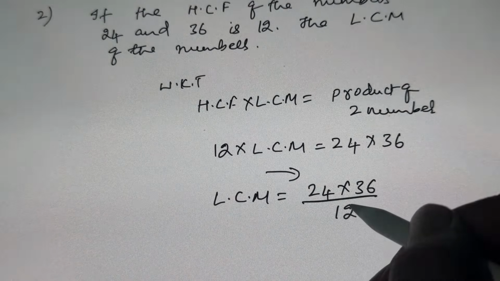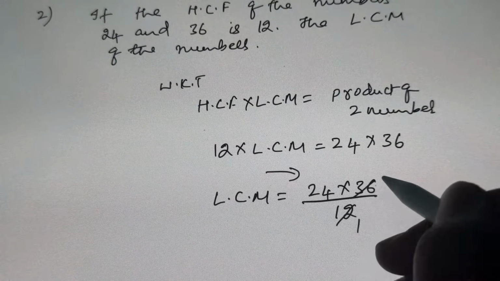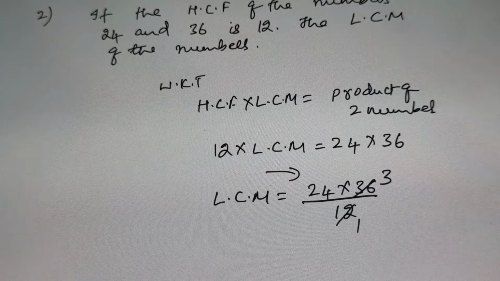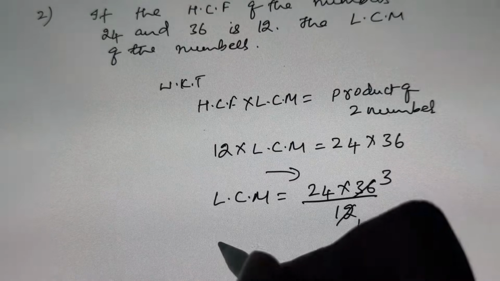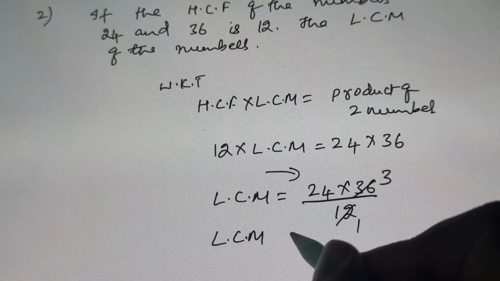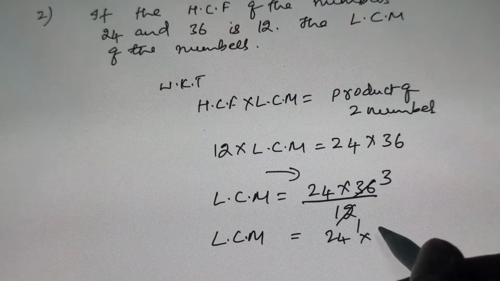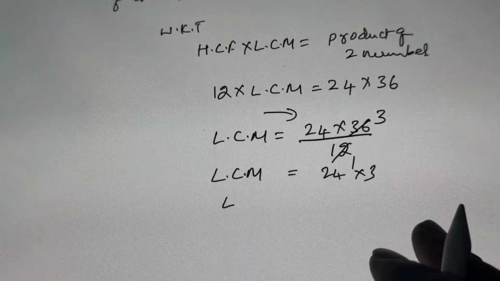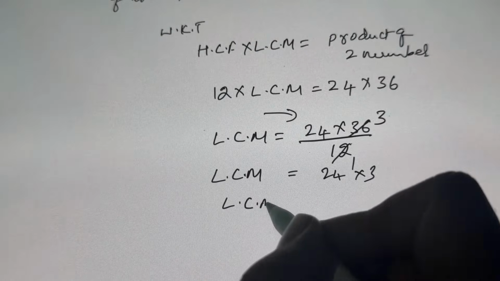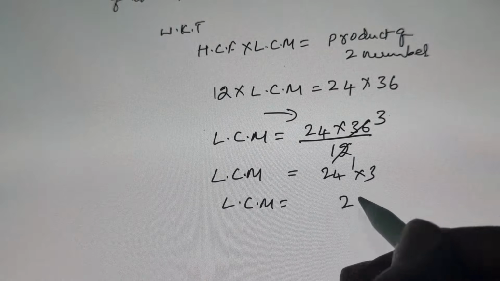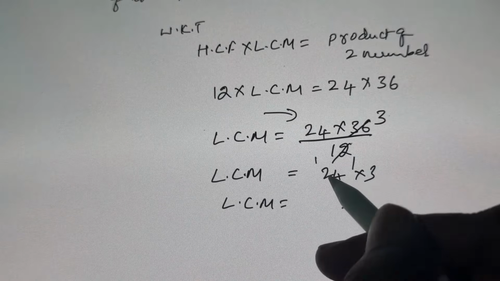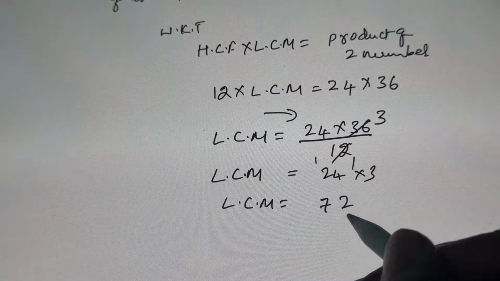So you can divide by 12. 12 ones are 12, 12 threes are 36. So LCM is equal to 24 into 3. 4 threes are 12, 1 carry, 3 twos are 6 plus 1, 72.